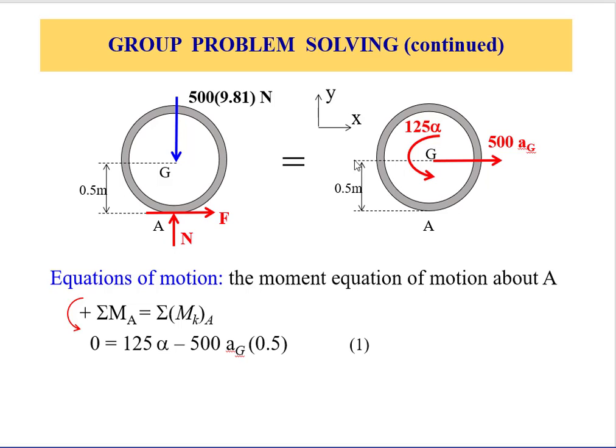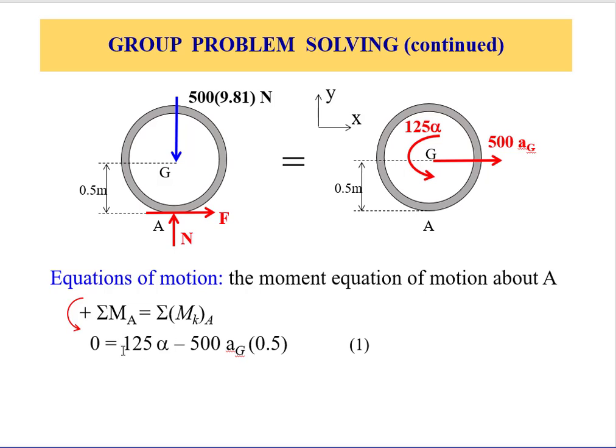The moment here is 125 alpha because it's positive. The inertia 500 AG, calculated about A, R cross F, will cause this to rotate clockwise, so it's negative. That's why we have a negative here. Okay.